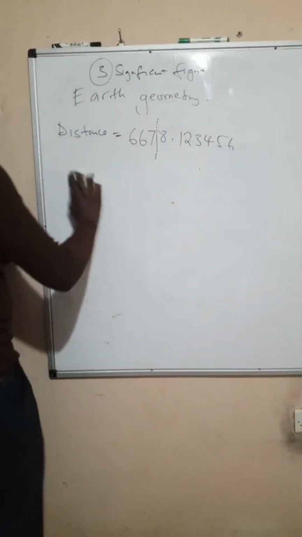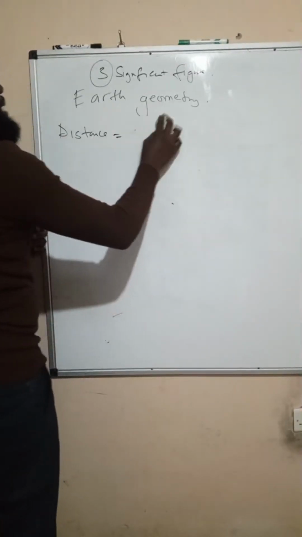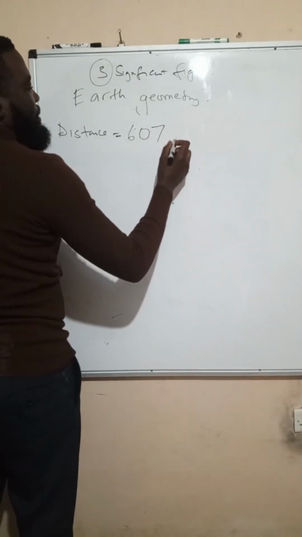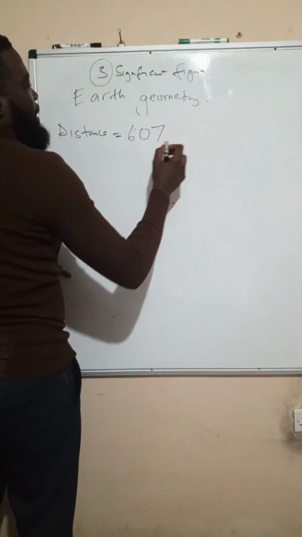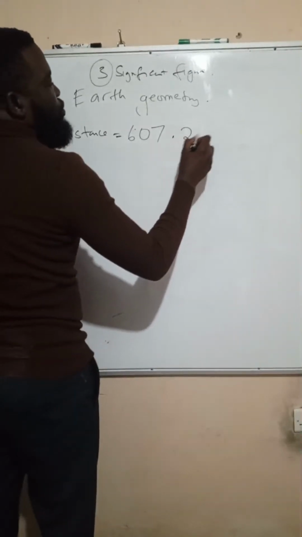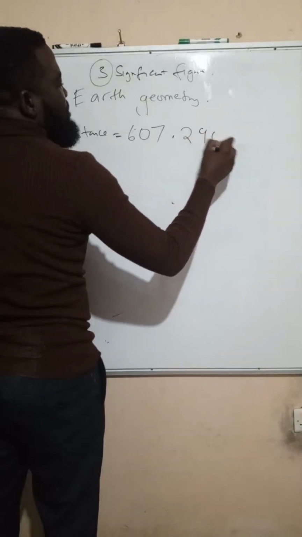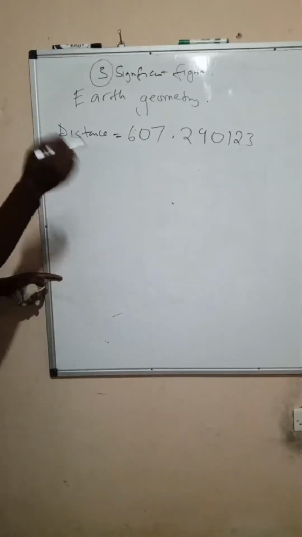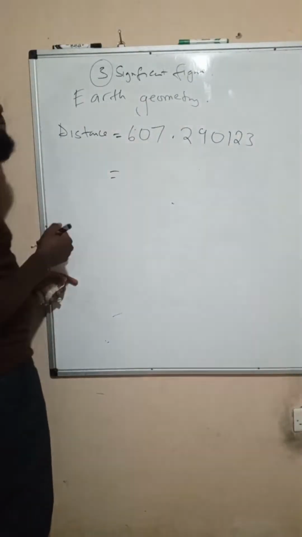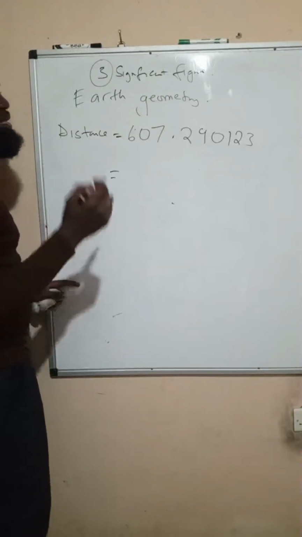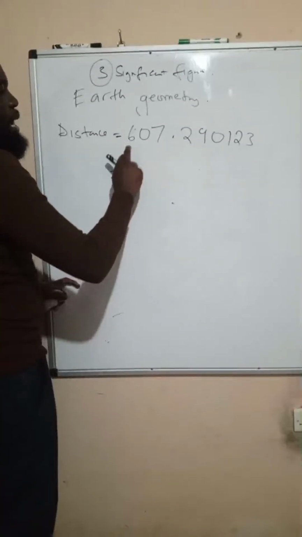What about if, for example, your answer is 607.290123. Okay, it goes on like that. How do you round off to 3 significant figures? If your answer is like this, the last answer, 3 significant figures, you count 1, 2, 3.